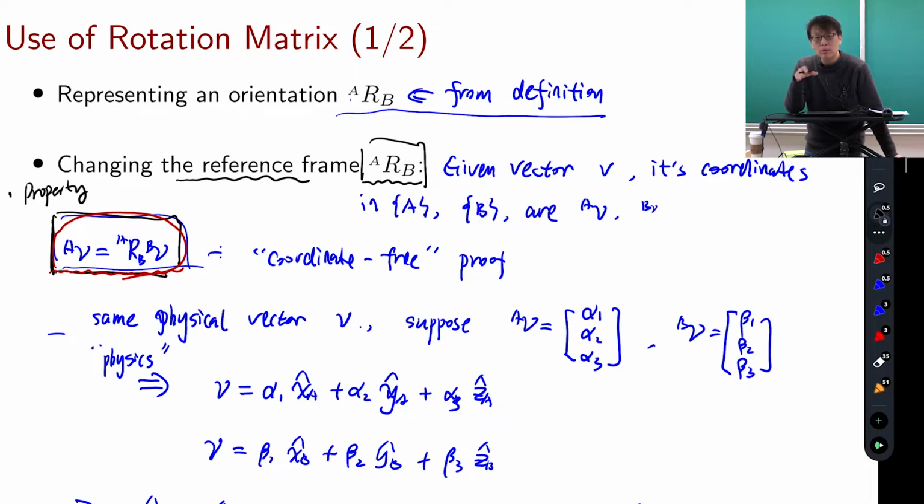Last week I asked many of you what a rotation matrix is, and most of you thought about rotating something. That's a very advanced way of defining a rotation matrix. We will see that in lecture 3. But for now, let's think of R_BA as just orientation. Because we define it this way, it has the property of changing coordinates, and we derived why this property holds.